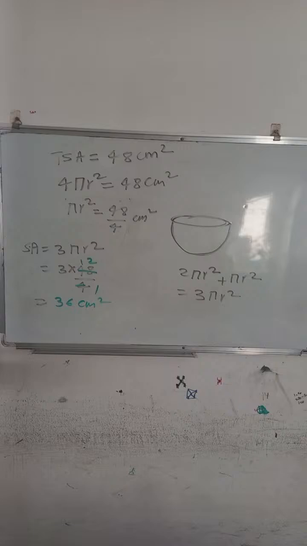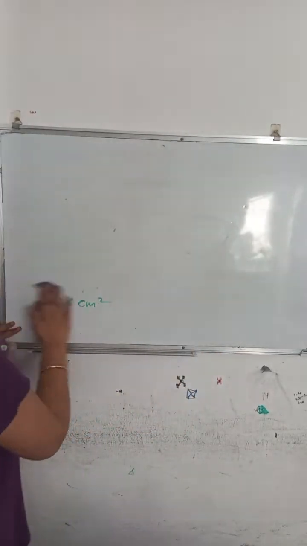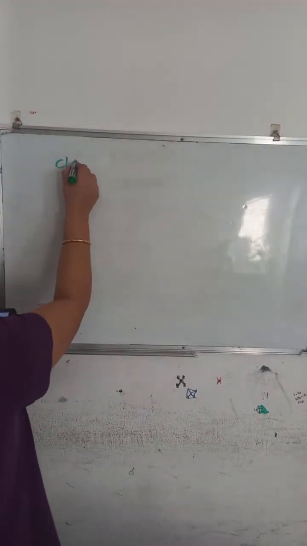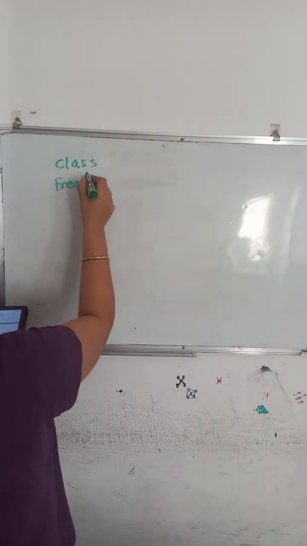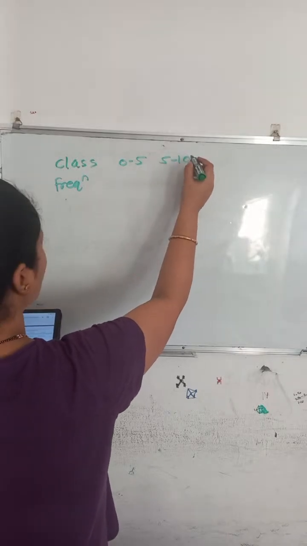Okay, so write down the next question here. For the following distribution, the upper limit of the median class is: option A 10, option B 15, option C 20, option D 25.